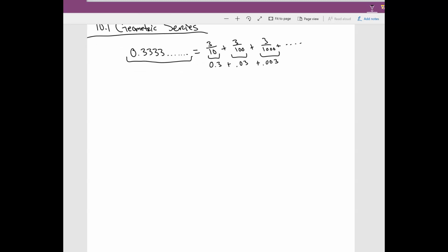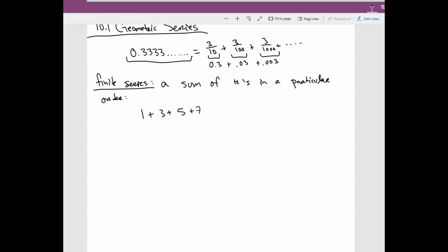So a finite series is just a sum of numbers in a particular order. You have a whole bunch of numbers being summed, and they have some sort of ordering. One example can be 1 plus 3 plus 5 plus 7 plus 9, so you have a sum of different numbers.